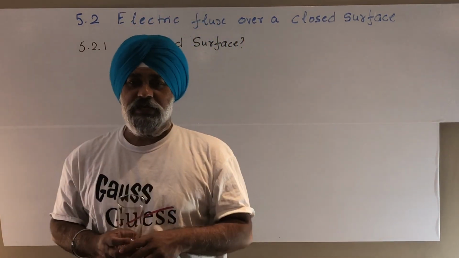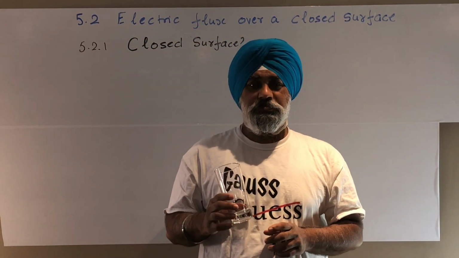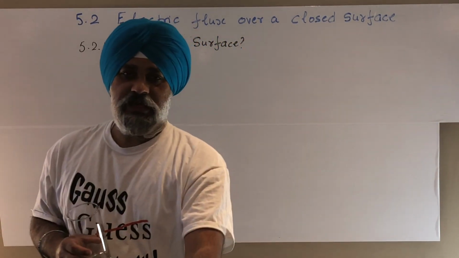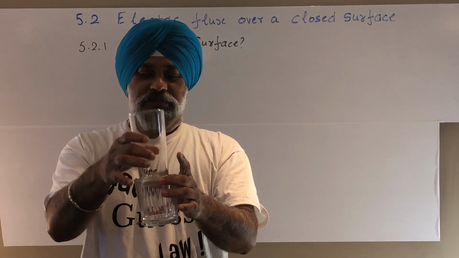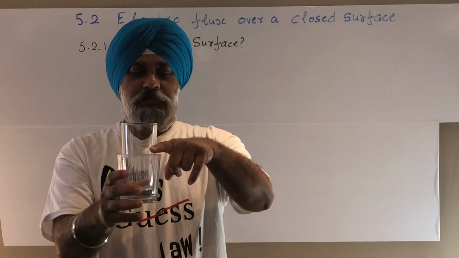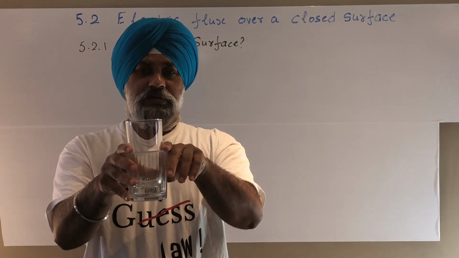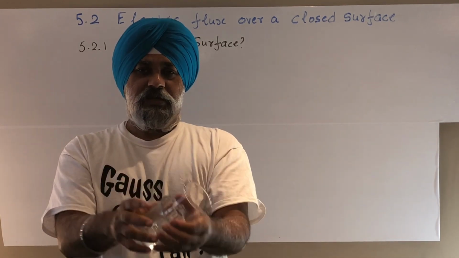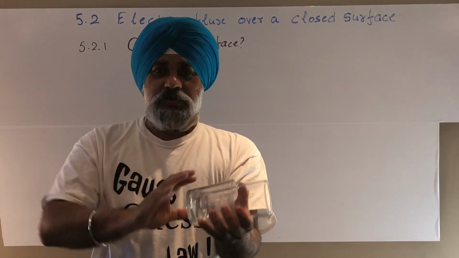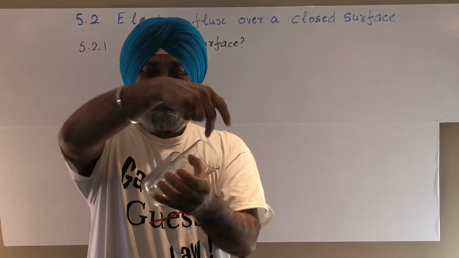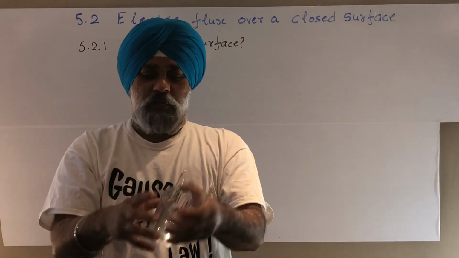A closed surface doesn't necessarily need to be only one surface. Let's say I have a glass and a glass like that, and I put a cap around here. So this part is sealed. That is also a closed surface consisting of a surface on the outside and a surface on the inside. Why?